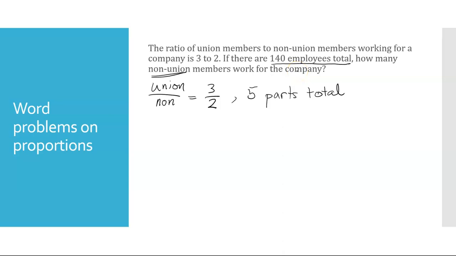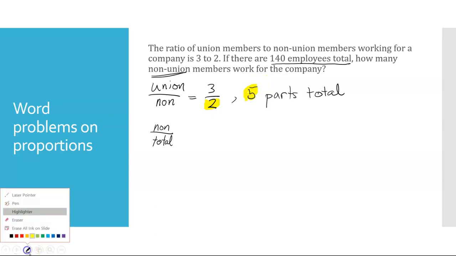So what that tells me is I want to set up my proportion to involve non-union members and the number of employees in all. My ratio is going to look like non-union members over total. So as far as the proportions, I'm going to be using the 2 and the 5.